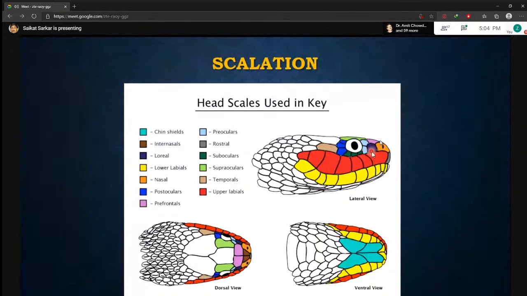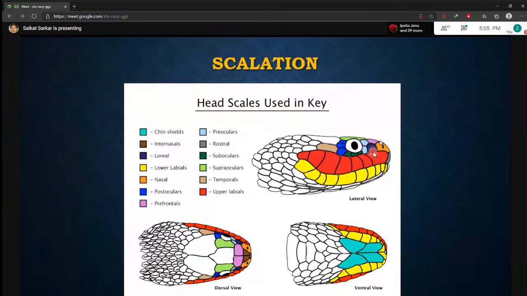But the classification that I follow, it is dealt with as subfamily under family Elapidae. So three bona fide venomous families do not have this loreal scale. None of them. No snake in these families will be having this loreal scale.